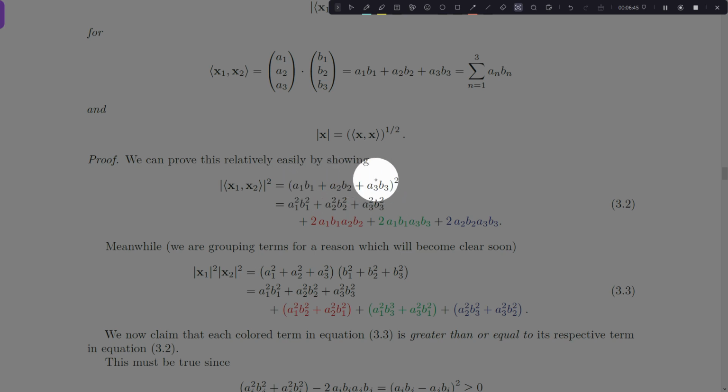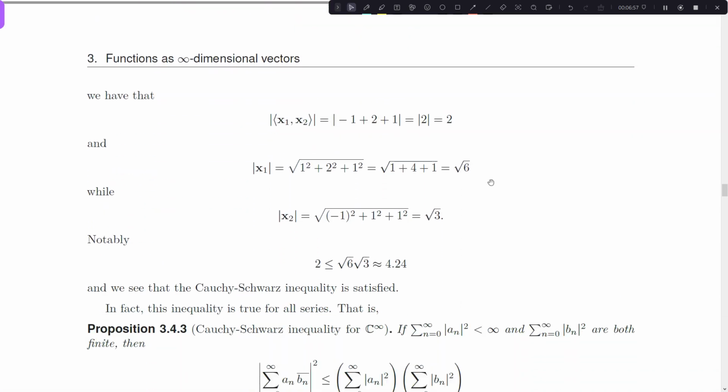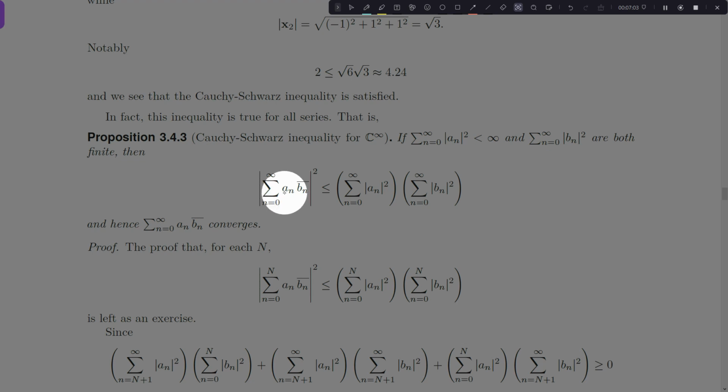I could represent this with sigma notation if I wanted to. Meanwhile, each of the magnitudes, I could represent them individually with sigma notation as well. So just representing an infinitely long vector with sigma notation, this is the way we could represent the inner product of two vectors, and these are the ways we could represent their magnitudes.